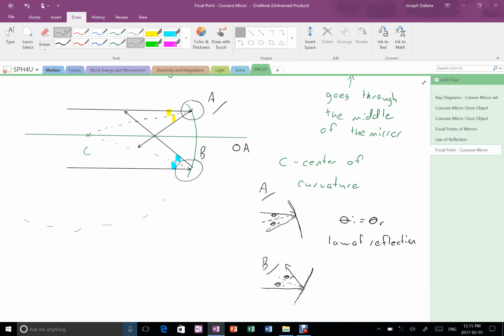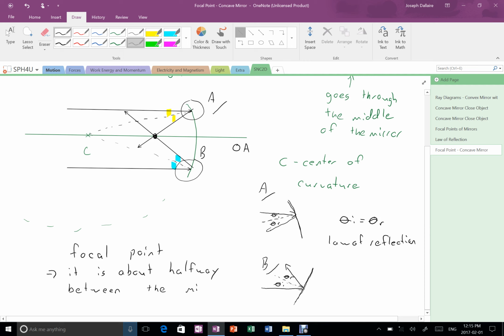Now what's interesting about that is we notice that we end up with this common point where those two parallel rays came in and reflected through the same spot on the optic axis. That point is called the focal point. And just from observation with our mirror, we can see it is about halfway between the mirror and the center of curvature.